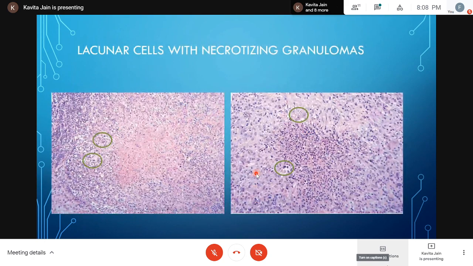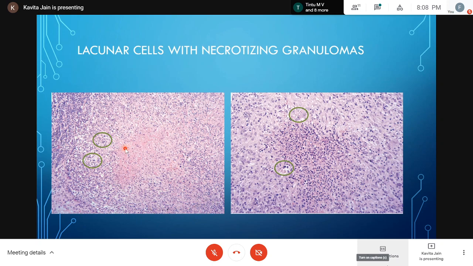Now again, these nodular sclerosis Hodgkin's are also commonly associated with necrotizing granulomas. Recently, I saw a case of a 15-year-old boy who had a mediastinal mass and a cervical lymph node. So we got a true-cut biopsy from the cervical lymph node where a lot of necrotizing granulomas were there.